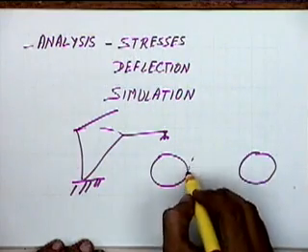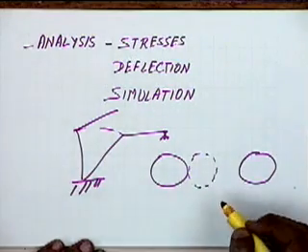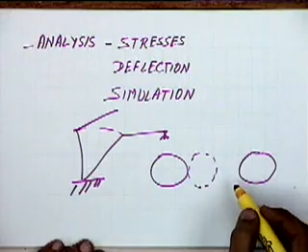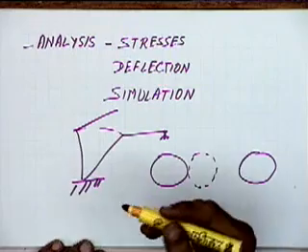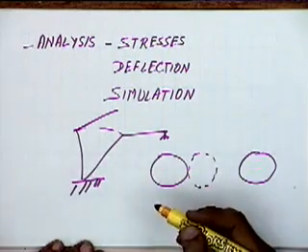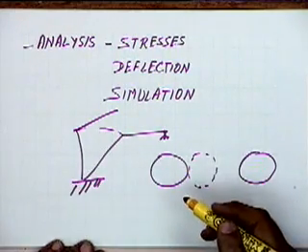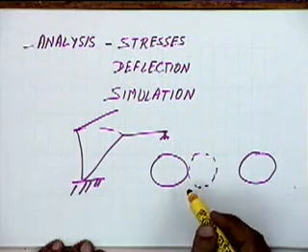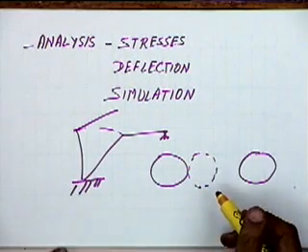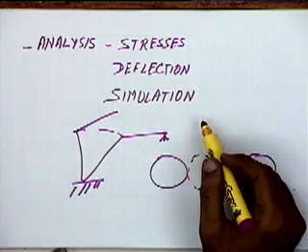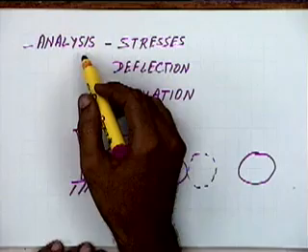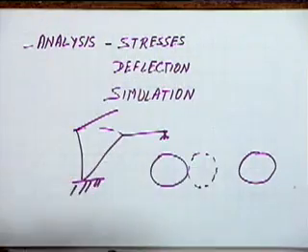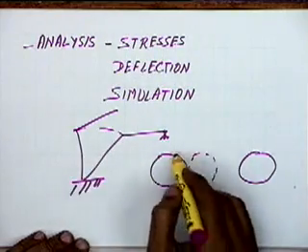Once they collide, there will be some deformations, some forces on the passengers, and some stresses on the different parts of the body. So we want to estimate what will happen in the crash. That is crash simulation, which is another type of analysis. All that can be done if we have a model of each of these objects.